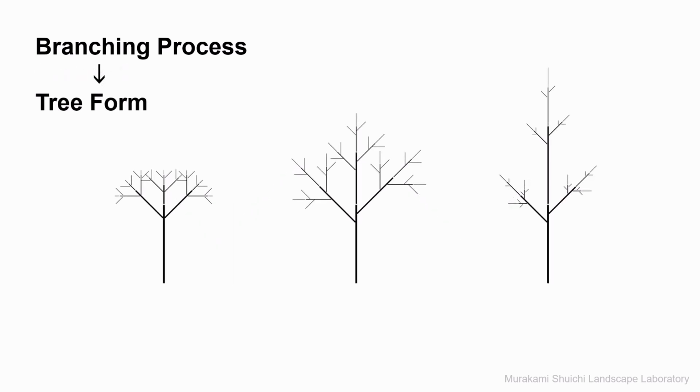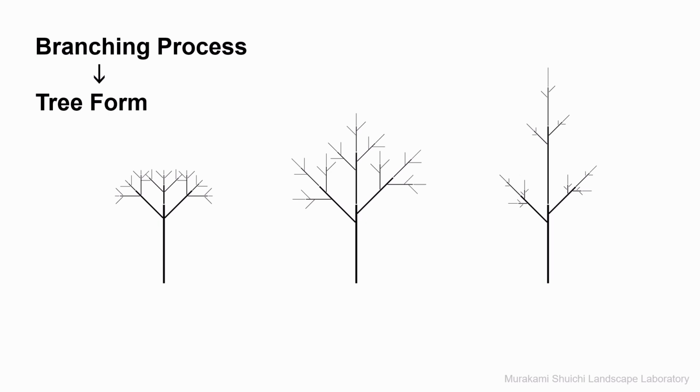As you can see in this diagram, even with only two specific variables, the way branches grow and the position of buds, different types of tree forms can be generated. In reality, however, the situation is much more complex. Growth patterns, branching angles, the number and position of buds, all of these vary depending on the species, the individual trees, and even each branch.